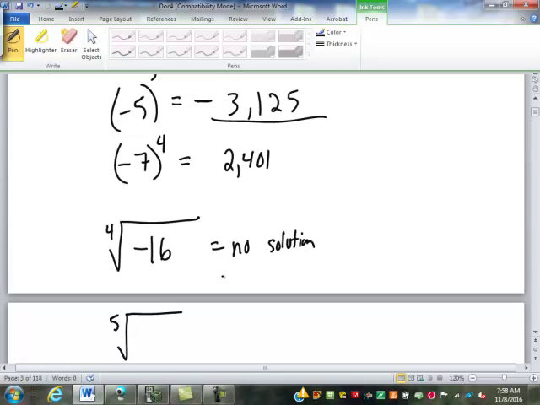Can it do this? Yes, you will. It says negative 2, right? Why can it do this one and not this one? Yeah, it's a fifth root.